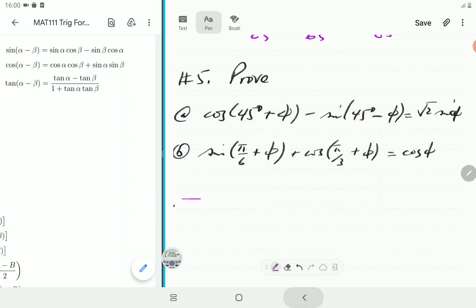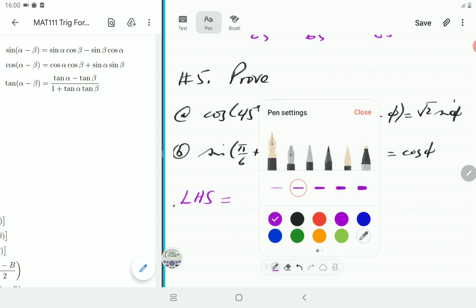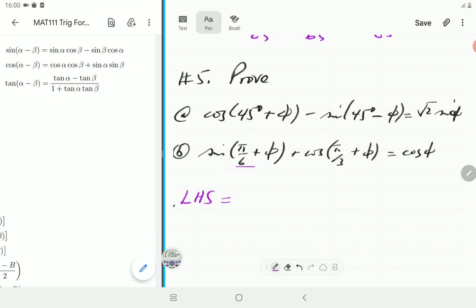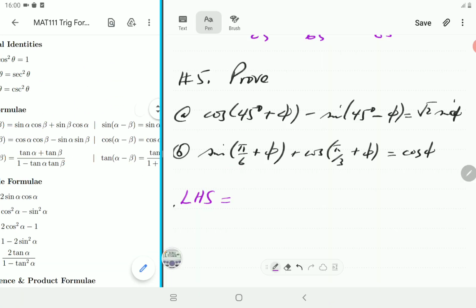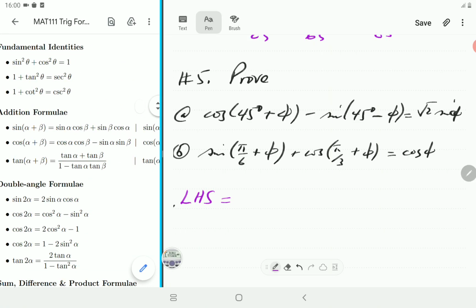So we're going to start working from the left hand side. On the left hand side, using the addition formula for sine alpha plus beta, which we have here. So our alpha is pi on 6, our beta is phi.